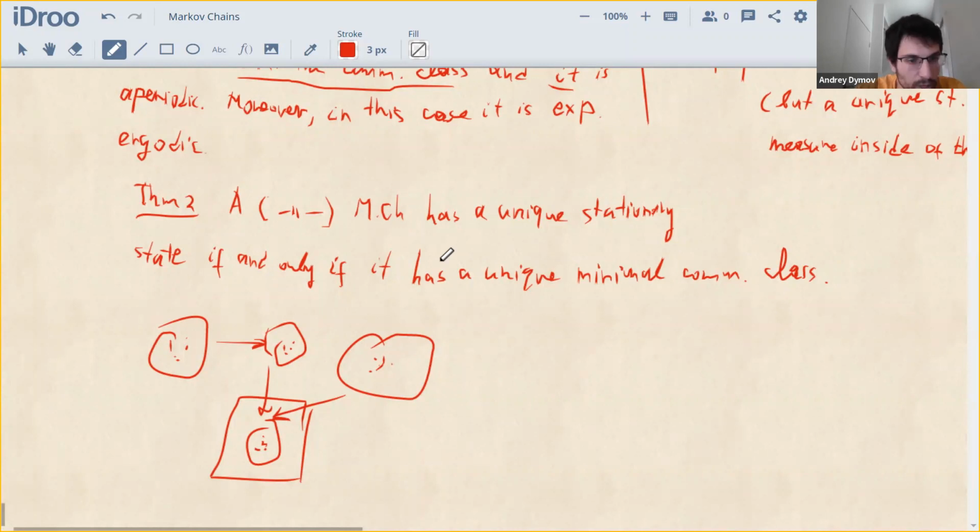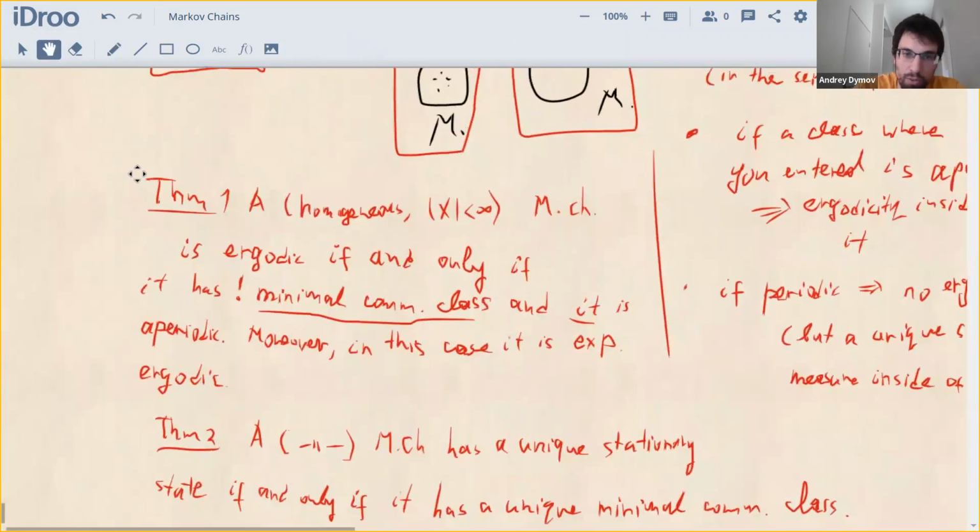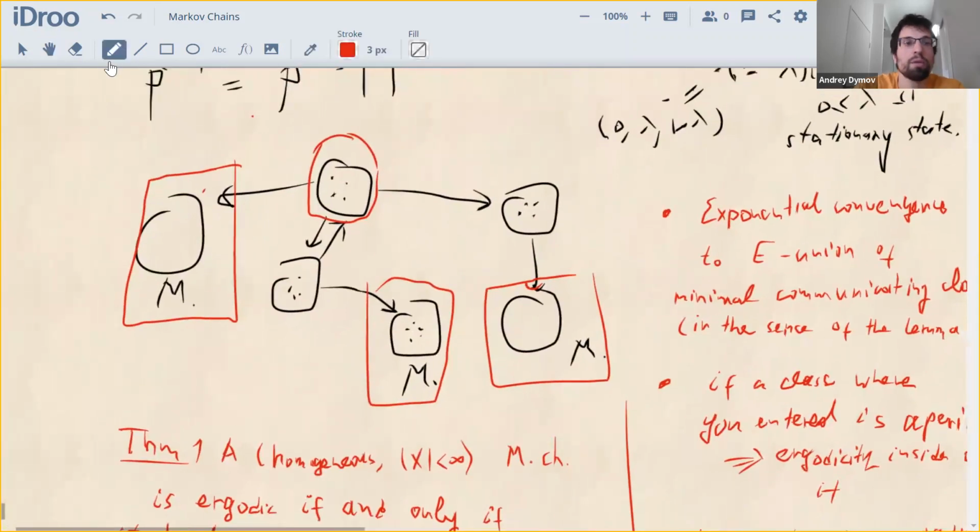There is another type of questions which can be asked for finite Markov chains, and this type of questions we have not discussed in our course. Let us consider a Markov chain which has more than one minimal communicating class, as in the picture. Then with which probability will I arrive to this communicating class, and with which probability will I arrive here? From the practical point of view, these are very interesting questions. Say you have some machine which has two stationary states.